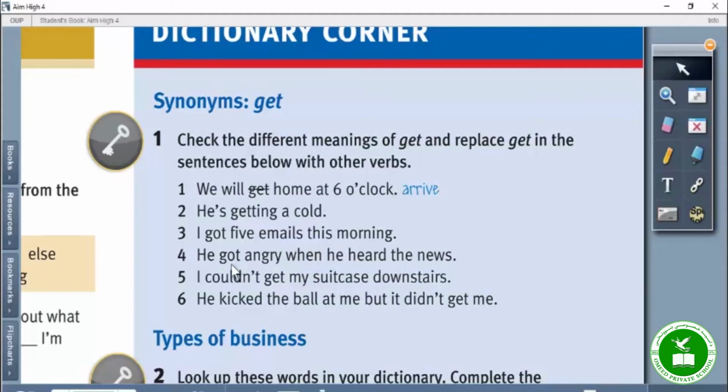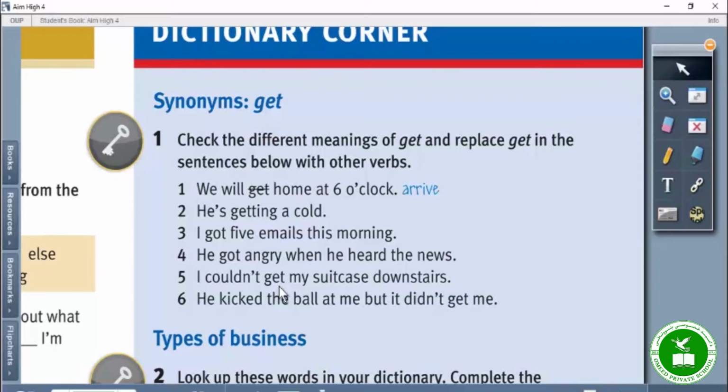Number 4, he got angry when he heard the news. Instead of got, we can say what? He became angry. Okay, he became angry. Number 5, I couldn't get my suitcase downstairs. Instead of get in this sentence, I couldn't get my suitcase, it means I couldn't move my suitcase. Yes, move. Number 6, he kicked the ball at me, but it didn't get me.